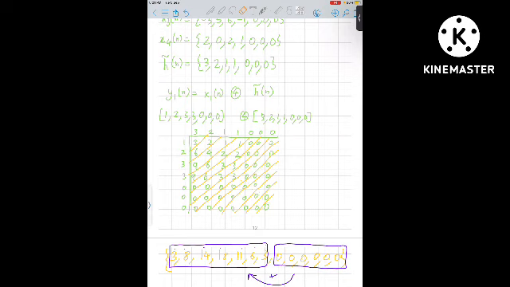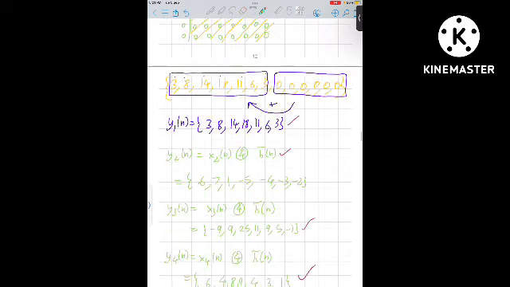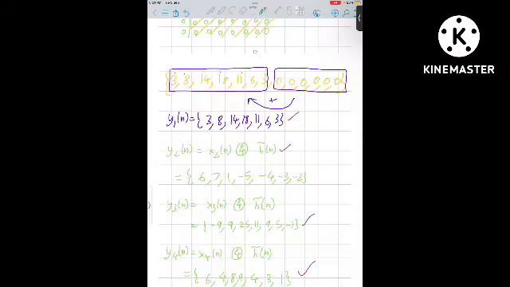I will take y3 of n, do the convolution. One side of the convolution I get minus 9, 9, 25, 11, 9, 5 and minus 1.